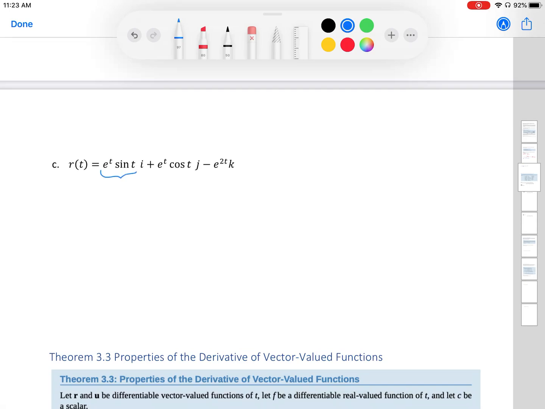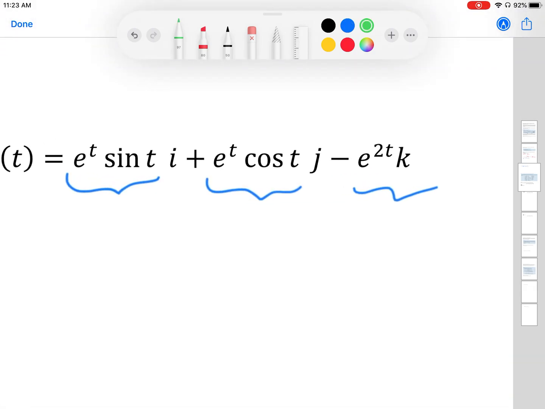As we take a look at each component separately, we see that for our first two, they're being multiplied. So I have to use that product rule that you learned in your Calculus 1 class. We didn't learn it specifically here.